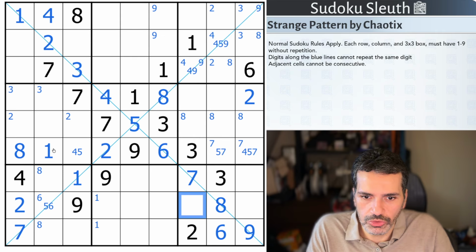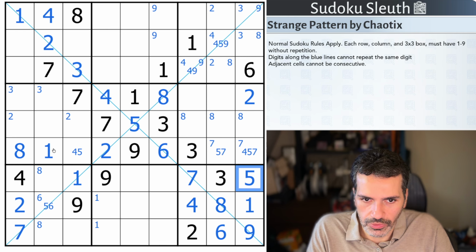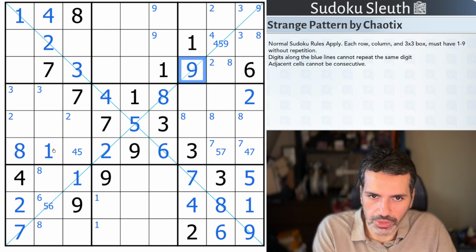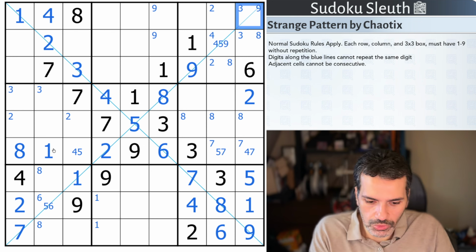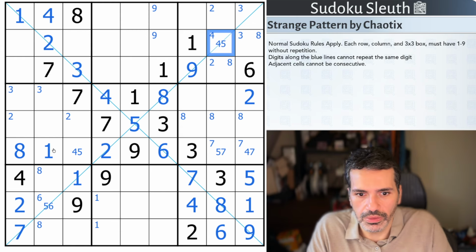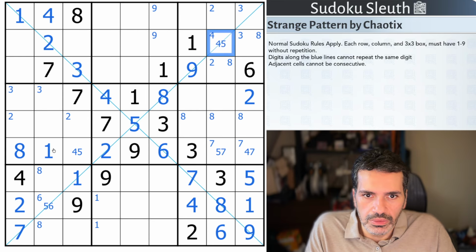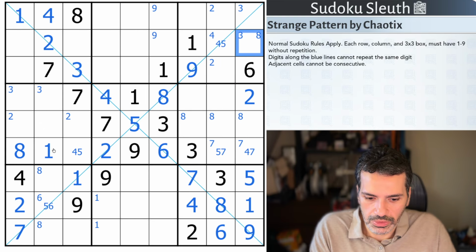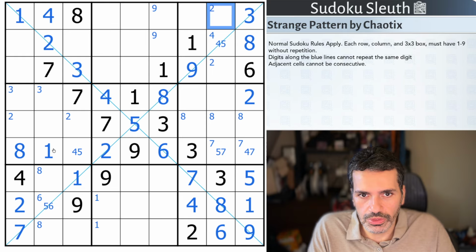It's not a problem. So there's a 1 in this row, can only be here. Can't be 4, is 5, not 5. Not 4 up there, so that's 9. No 9 here, no 9 there. That can't be the 8, that's the 8. That forces this to be the 3, that can't be the 2, that's the 2.